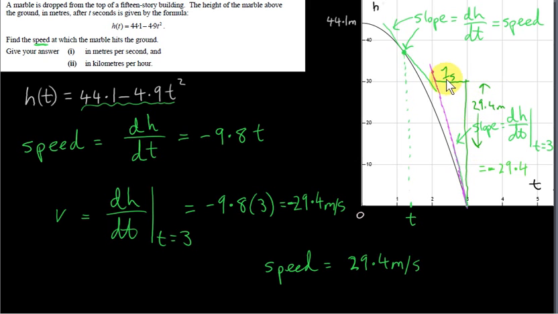So you put 29.4 meters over 1 second. Meters over seconds is written meters per second. So that's where the units come from. It's just distance in meters divided by time in seconds. So the answer is in meters per second. h was originally given in meters, and t was given in seconds.